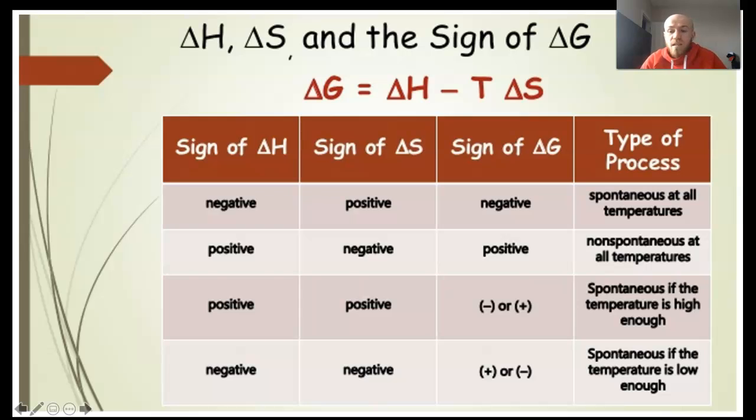And so it's going to be spontaneous at a very high temperature because we need to get that temperature times the change in entropy, that value, to be very large. We need for it to be larger than the change in enthalpy there so that we get that negative change in Gibbs free energy. So a higher temperature would ensure that we would at some point probably get to that point where we have that negative change in Gibbs free energy.